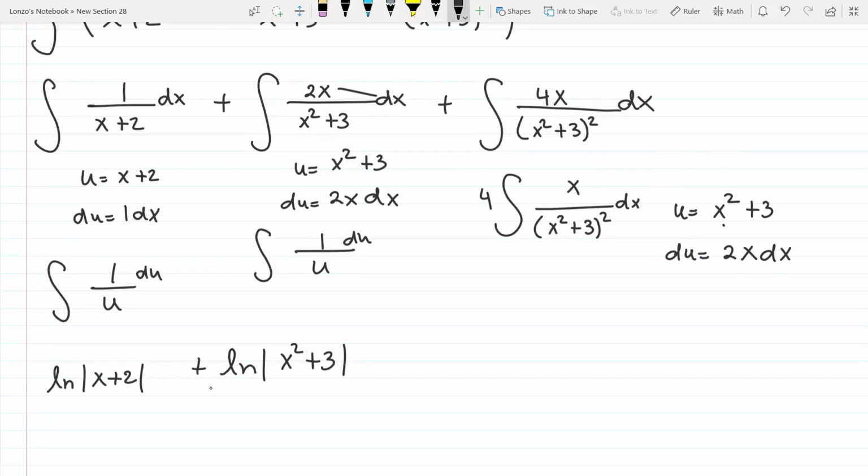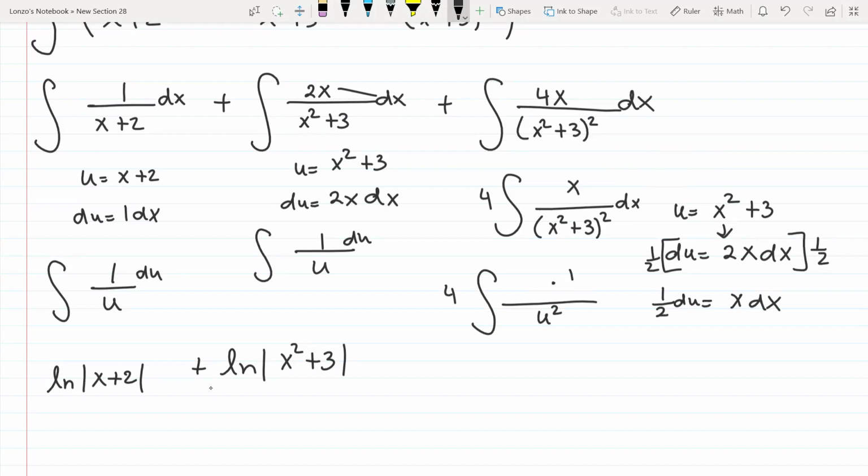Now this time we can get rid of this 2 by multiplying it by 1/2. So 2 times 1/2 is x dx. And then this would be u squared, because our u is x squared plus 3. And then my x dx is 1/2 du.